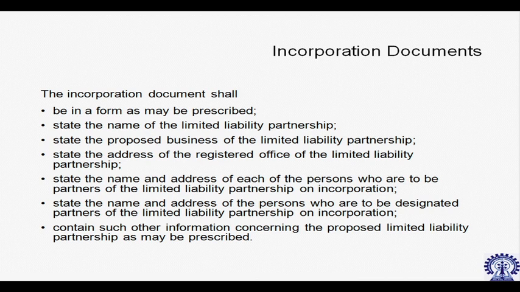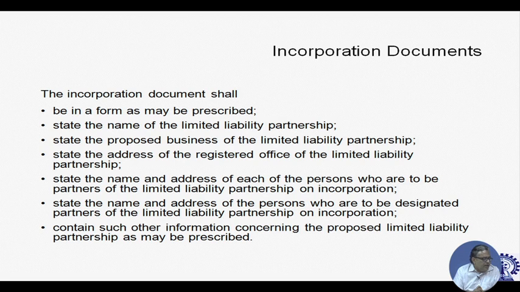So, the incorporation document should be according to the form which has been prescribed, and you will find many forms prescribed for the purpose of incorporation, and I am going to deal with this in my next lecture.